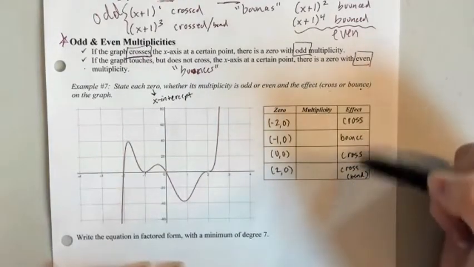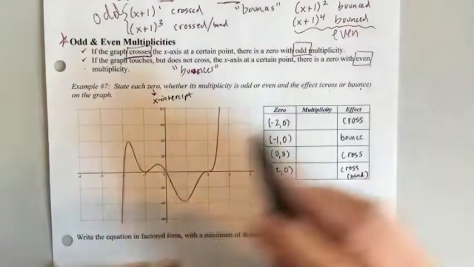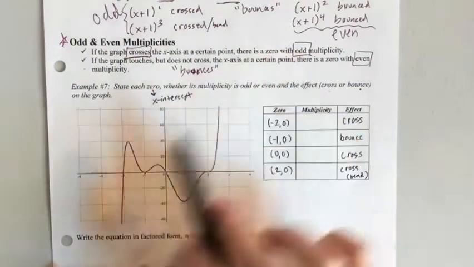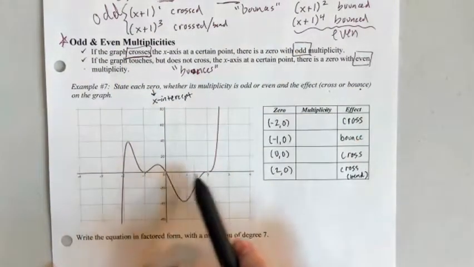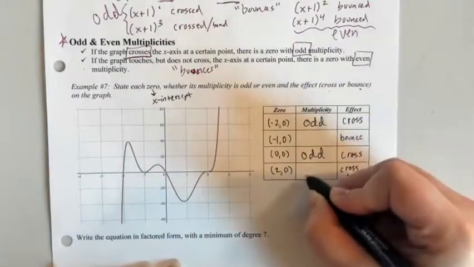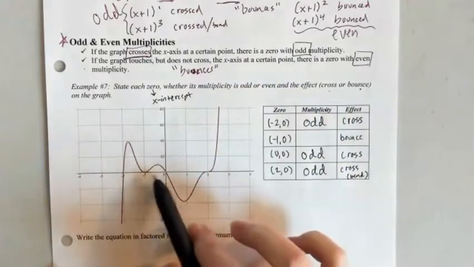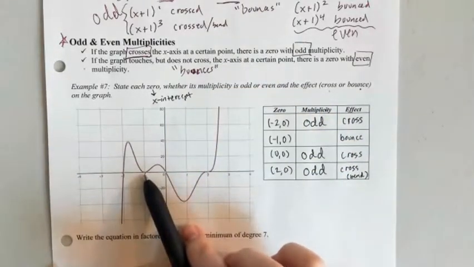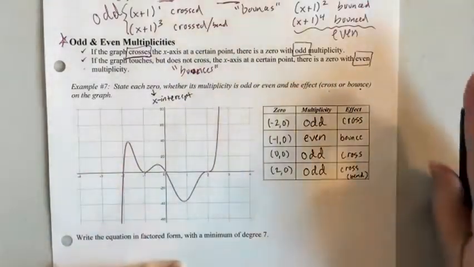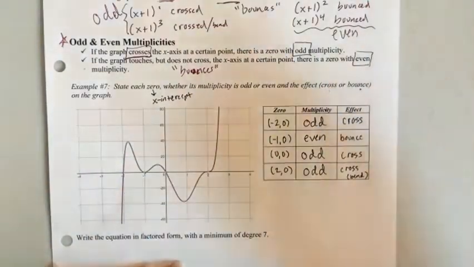Okay, what multiplicity does that mean each of these have? Well, all the ones where it crosses have odd multiplicities. So here, here, and here are all odd multiplicities. Where I had a bounce at -1, that's an even multiplicity. But what made this one different?